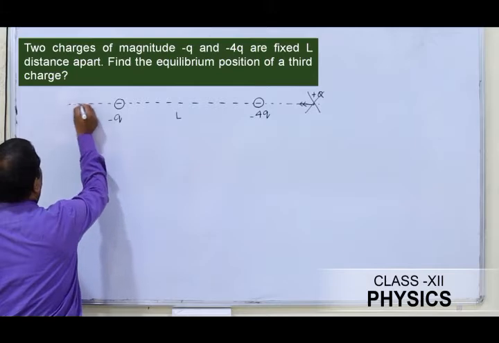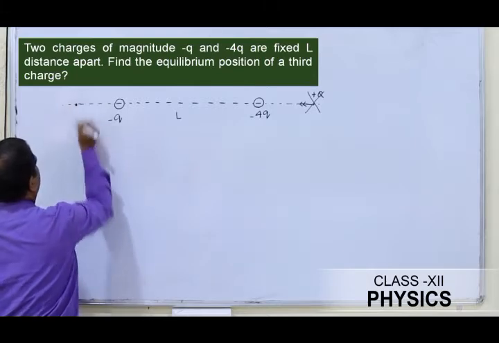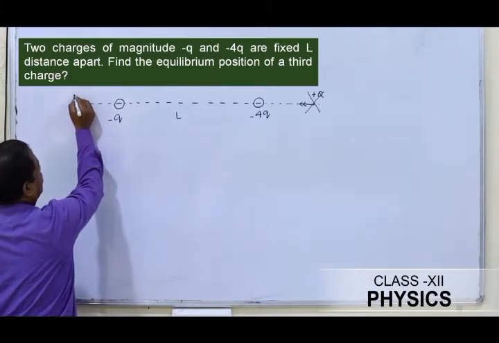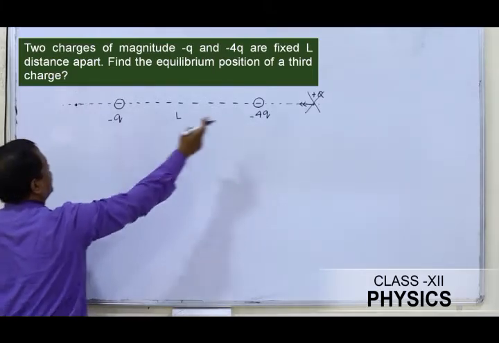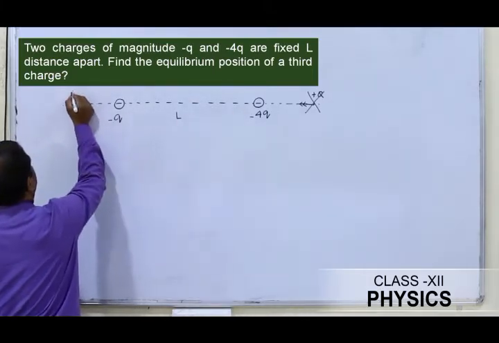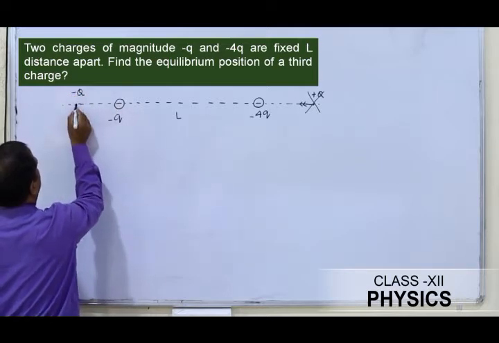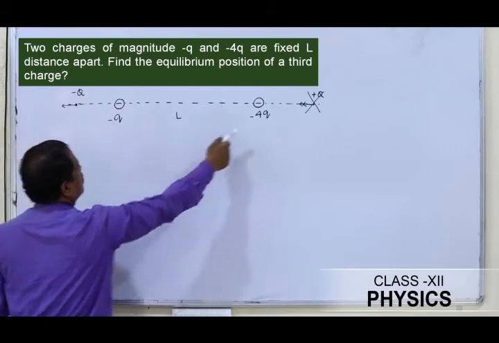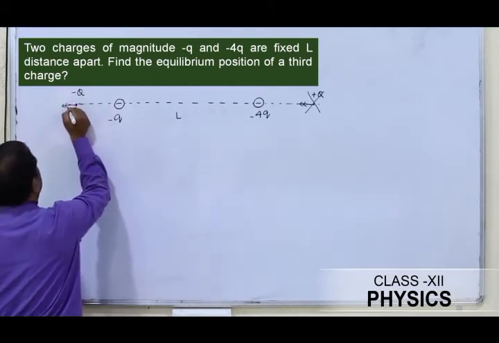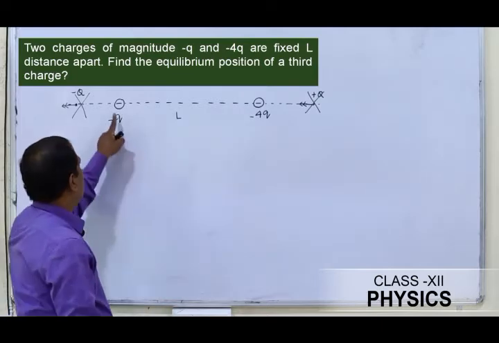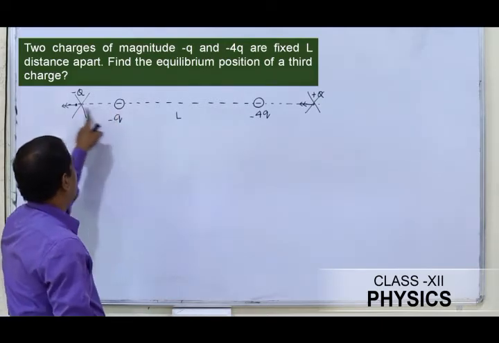The same argument holds good for any point taken on the left side of minus Q. If I take a minus Q charge instead, it will experience a repulsive force, and this minus 4Q will also exert a repulsive force. So the net force will never be equal to 0 at any point left of minus Q.